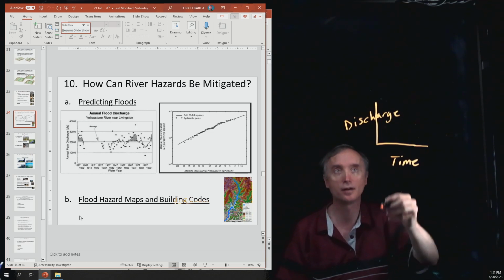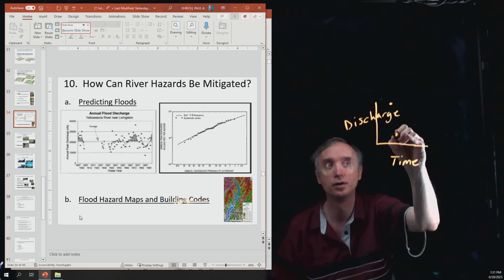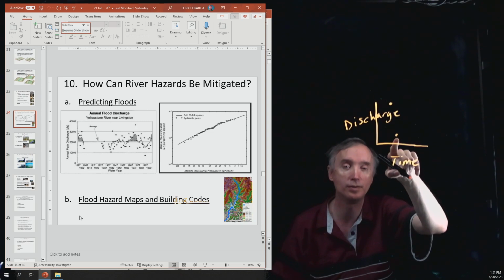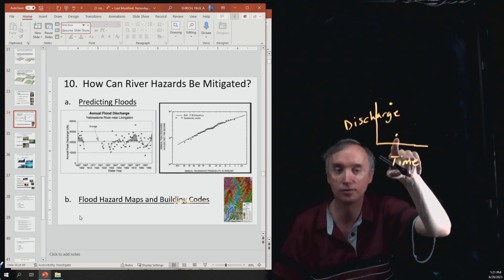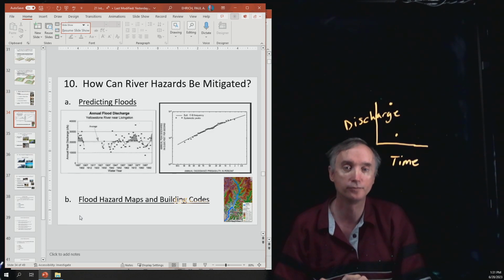And you can see that sometimes it's very high, and then other times it's very low. So when it's very low, that could be a drought, or it could be maybe during the winter time when there's not much rain that's giving water to the river.